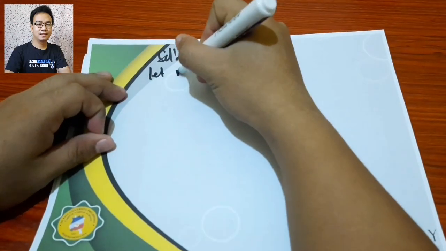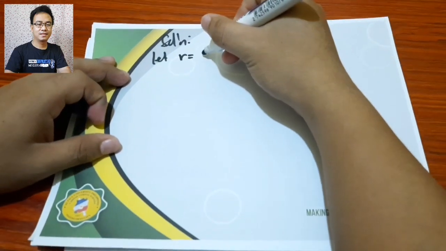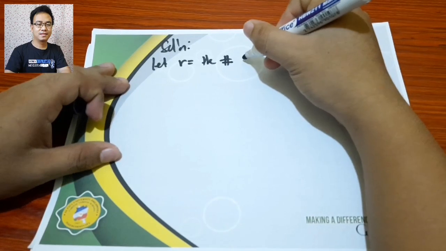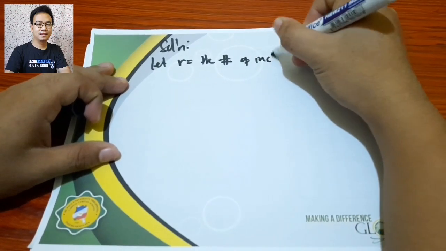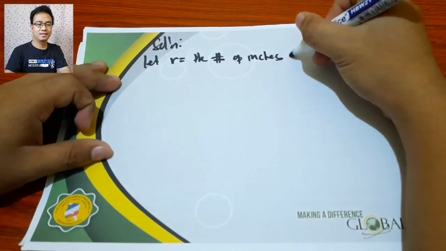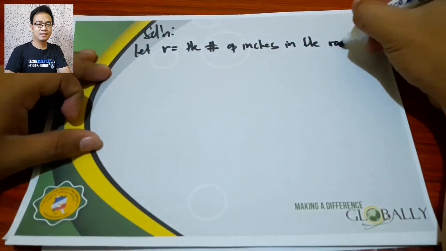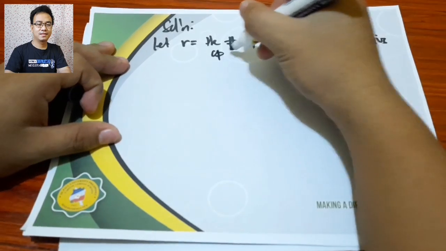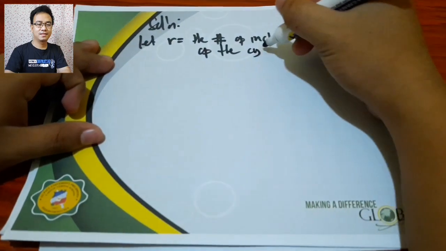we let r be the number of inches in the radius of the cylinder.